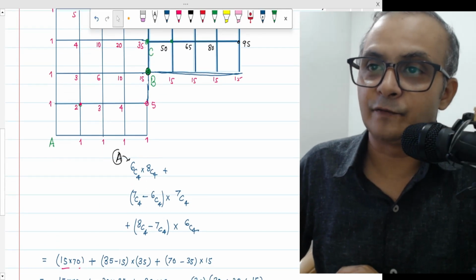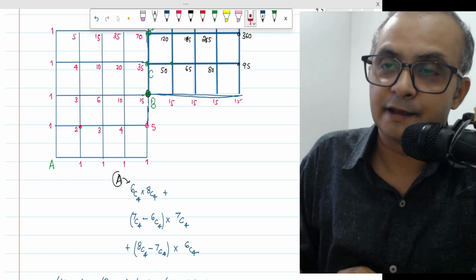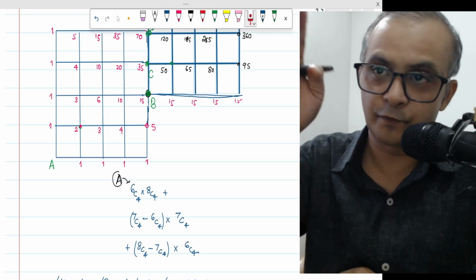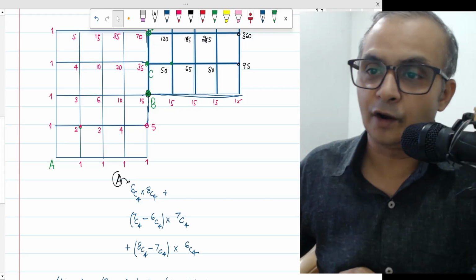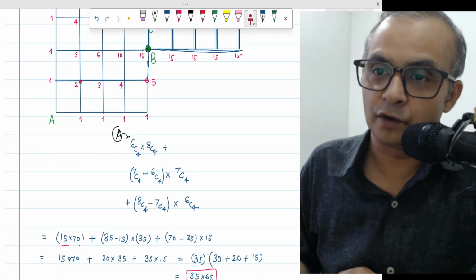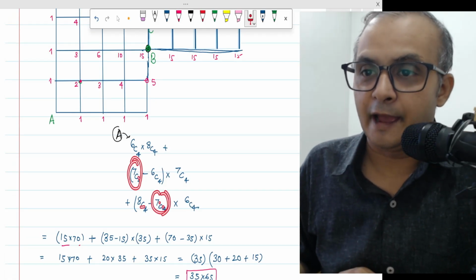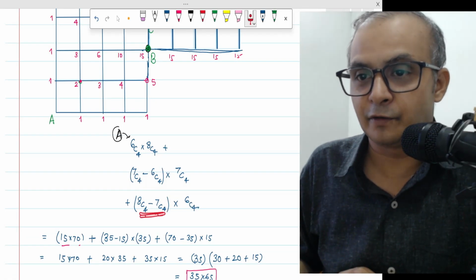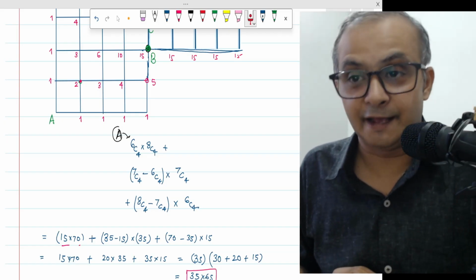But from there I am removing the number of ways in which you moved to D via C. That you have already counted here as 7C4, and you subtract it from 8C4. After this, it is the total number of ways you move from A to D but not via C.